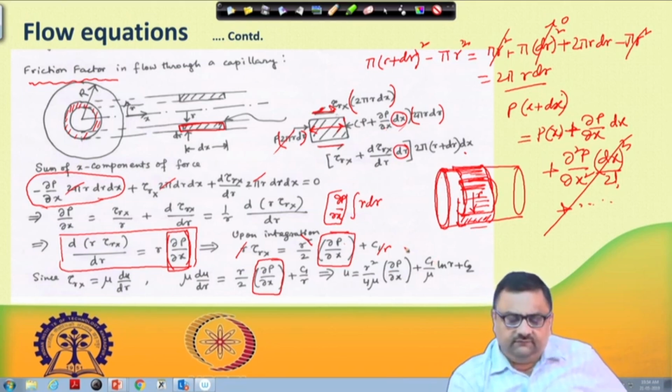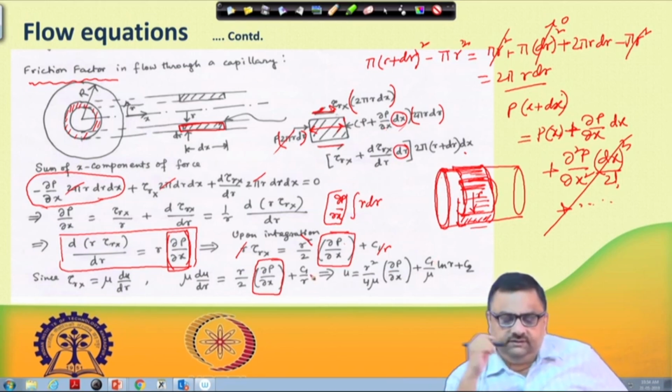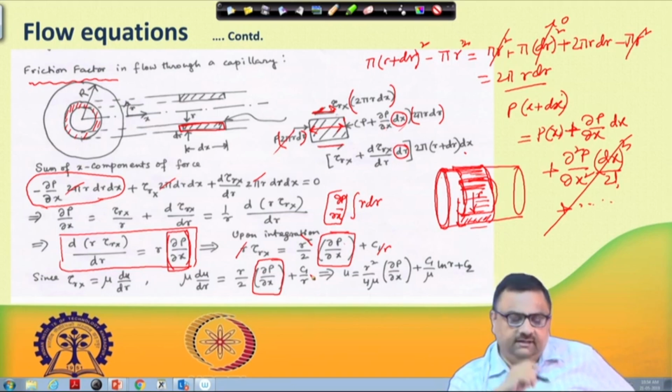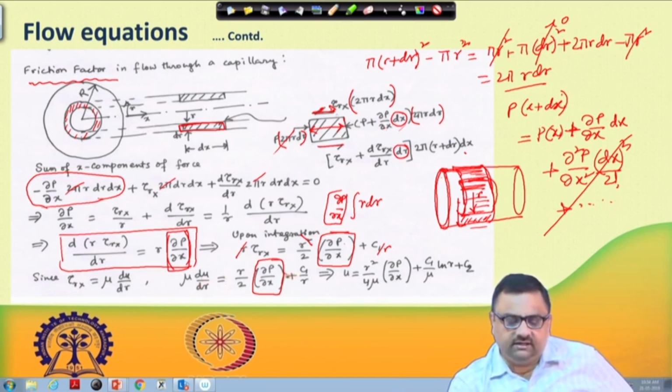If we integrate once again, mu goes to the right hand side, and the dr goes there. So, again you are integrating r dr and C1 by r dr.